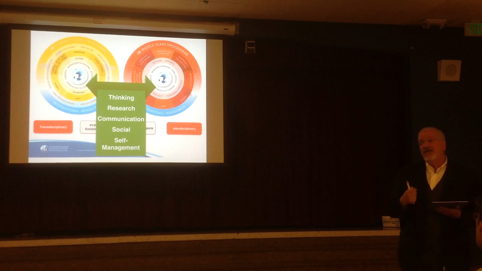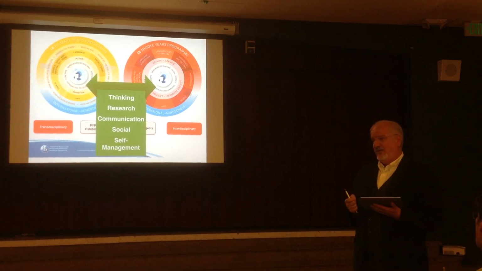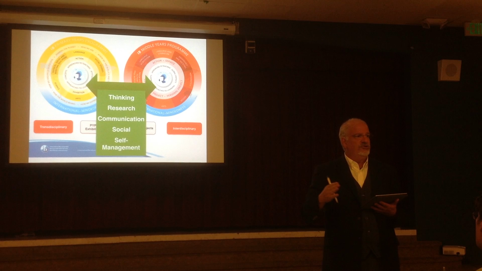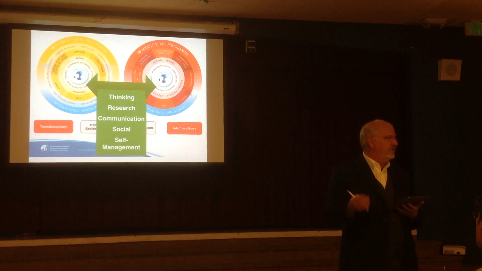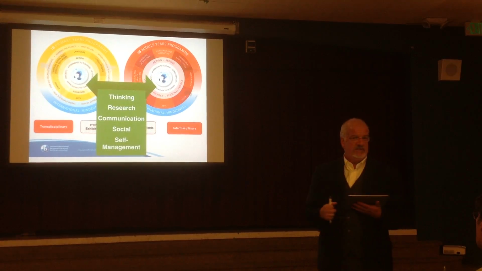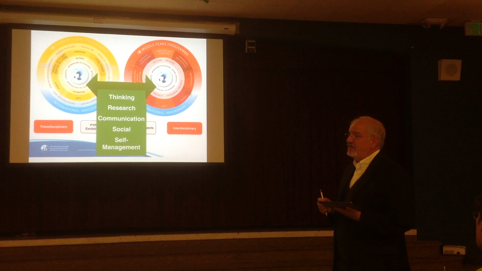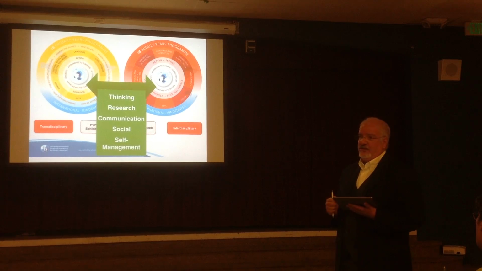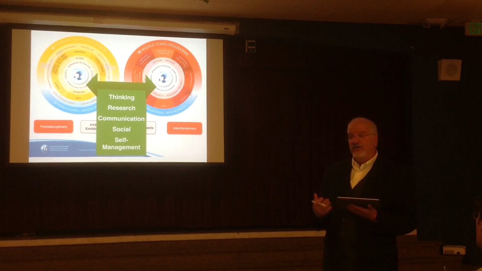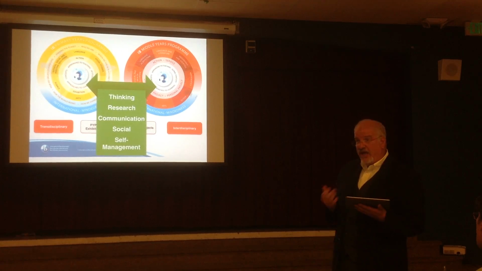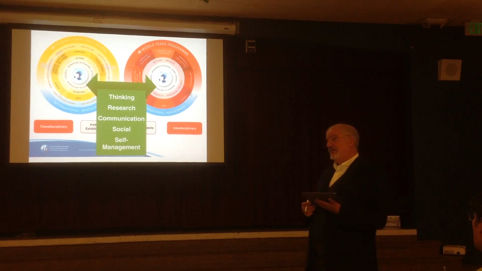They need to be creative thinkers. And then they also need to know how to transfer what they've learned to new and unfamiliar situations. We work with them on research skills. Okay, so how do they handle all the information and how do they find good information? Communication skills, which we've talked about. Social skills.